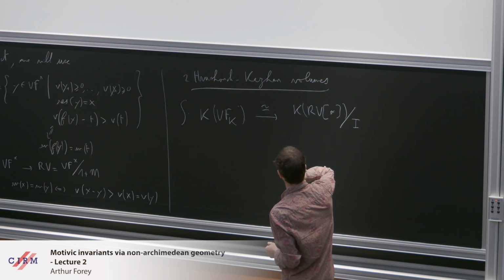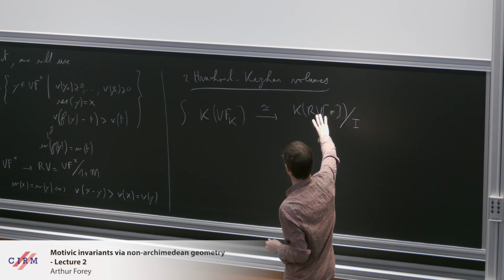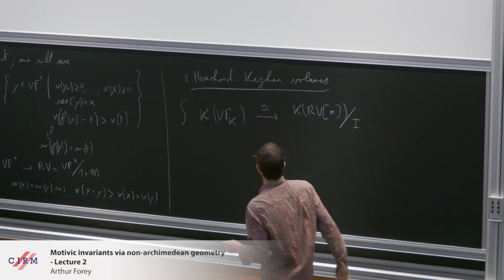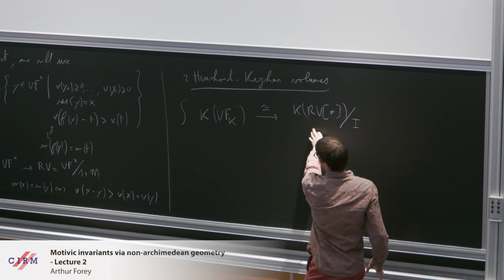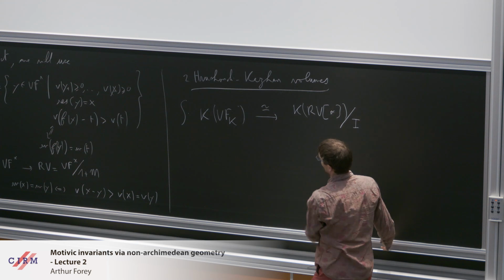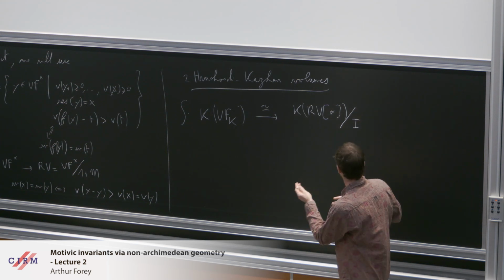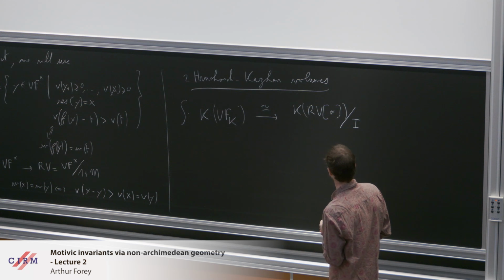Now I want to explain how out of this we get something in the Grothendieck group of varieties. Constructing this isomorphism is really the difficult part of the theory. It will involve some ingredients, but now it's much easier.